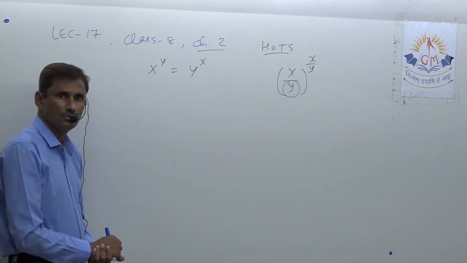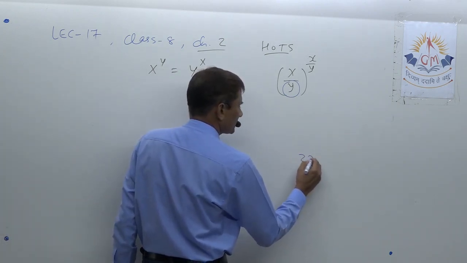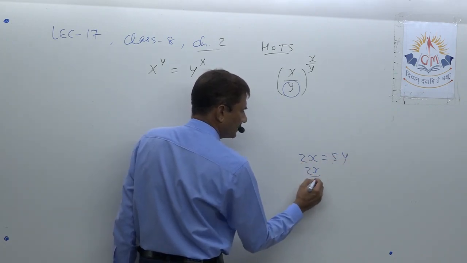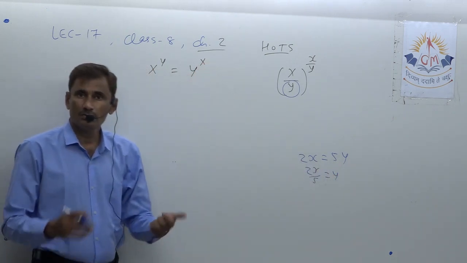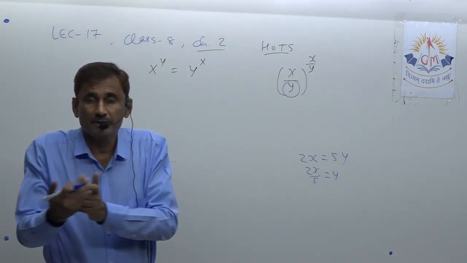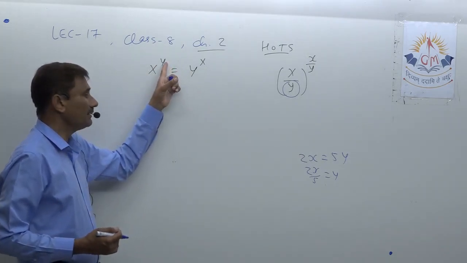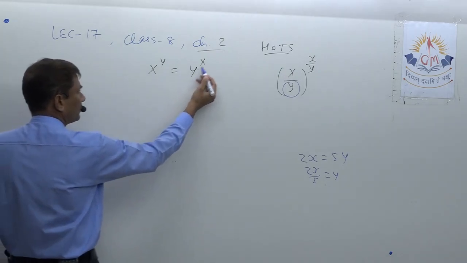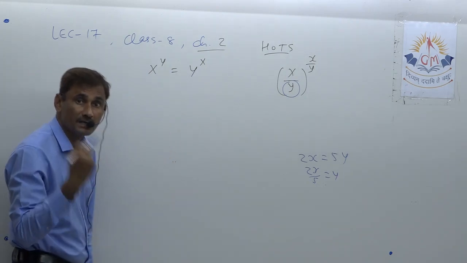How to subject it? Suppose you say 2x equal to 5y, then you can shift 5 here. So it is the expression of y. But now what to do? How to shift x there? Yes, you can shift a power from left to right or right to left. So it will be an inverted power only. In other words, I want to remove x here because I want to subject y, meaning the expression of y is required.